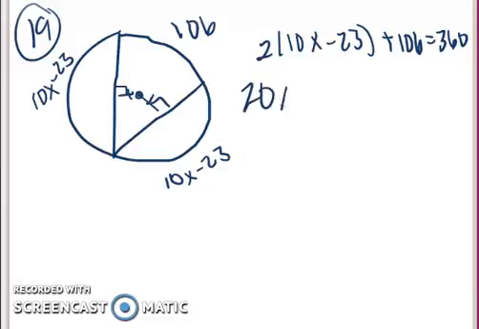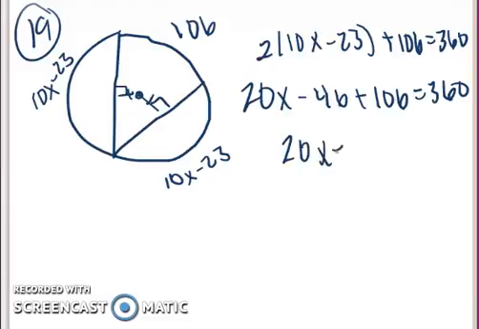So that's going to give me 20x minus 46 plus 106 equals 360. Okay, 106 minus 46 is 60, and then take it away from 360, so we get 20x equals 300, and then divide 300 by 20, and we get x equals 15.